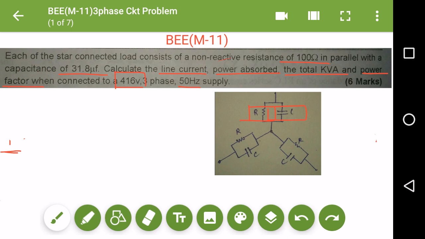First of all, I want to tell you how you can find the line current. Remember, this is our three phase star network, and this is the neutral. In a star network, you know that the line current IL is equal to the phase current IPH.